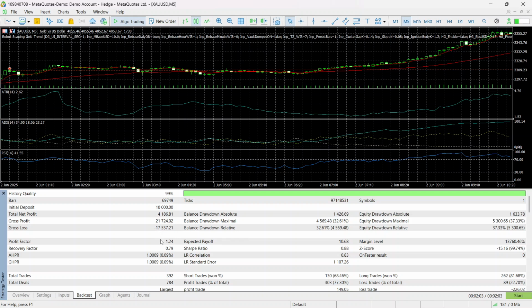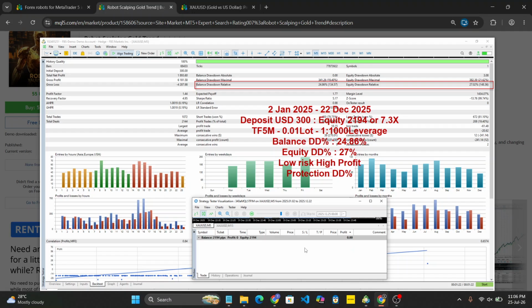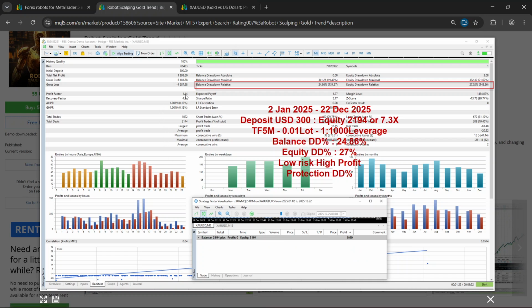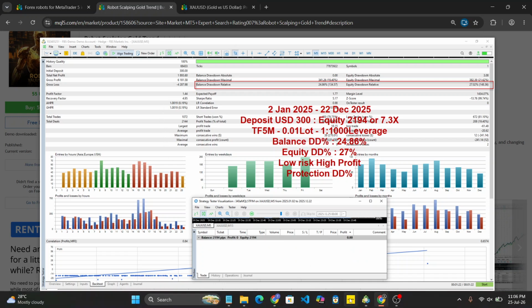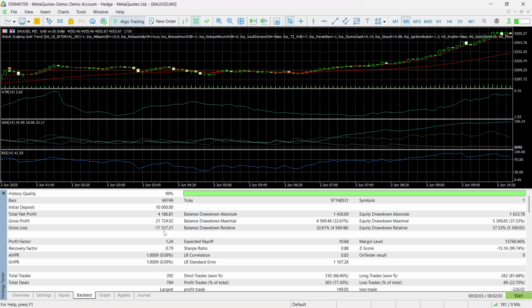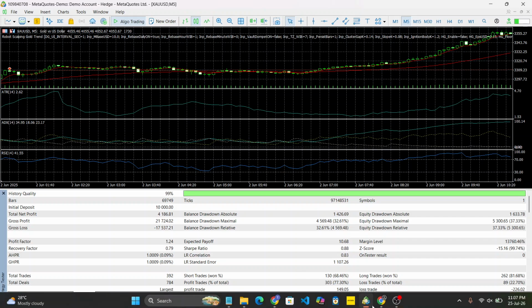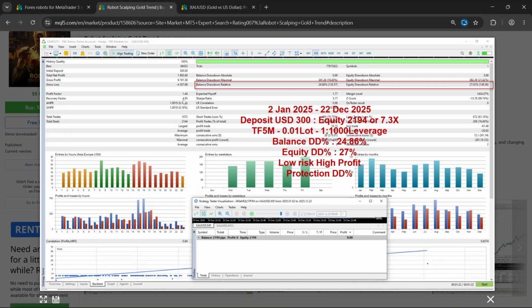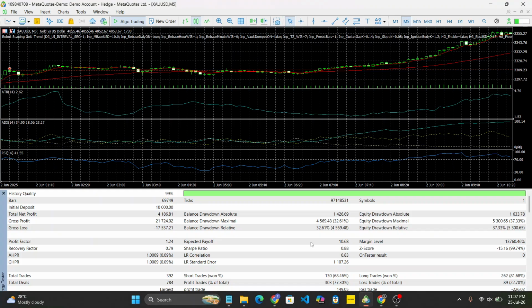Profit factor is at 1.24 compared to theirs of 1.44, which partially matches with a decent number. And recovery factor is at 0.7479 and theirs at 4.95.